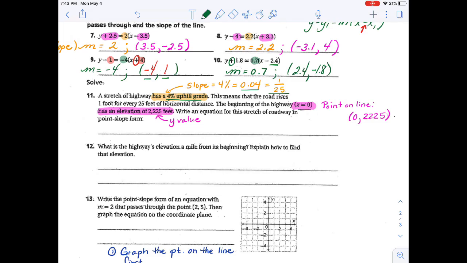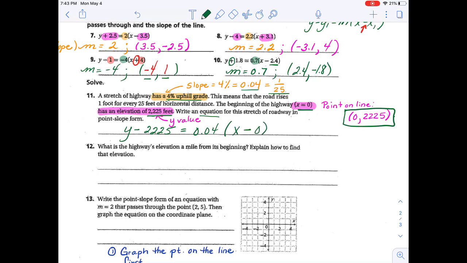Now, when I look at it, x is 0 with an elevation. That's your y value of 2,225 feet. So they're giving you the point in a word problem of 0, 2,225. So when they ask you to write the equation, y minus y1, 2,225, equals the slope, which you told me, 0.04, times x minus x1.